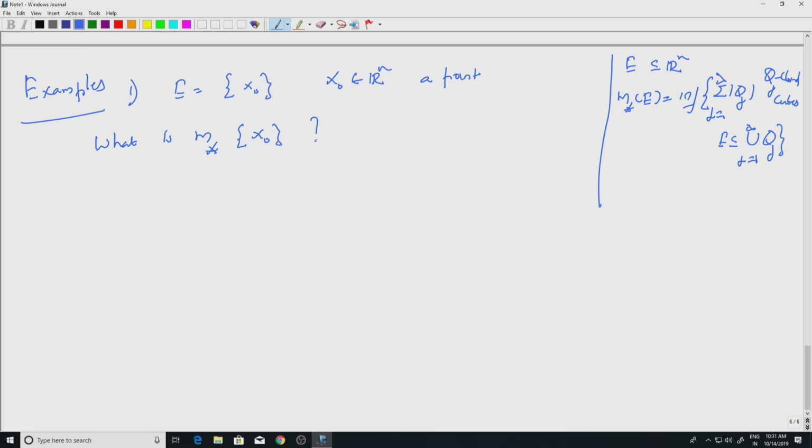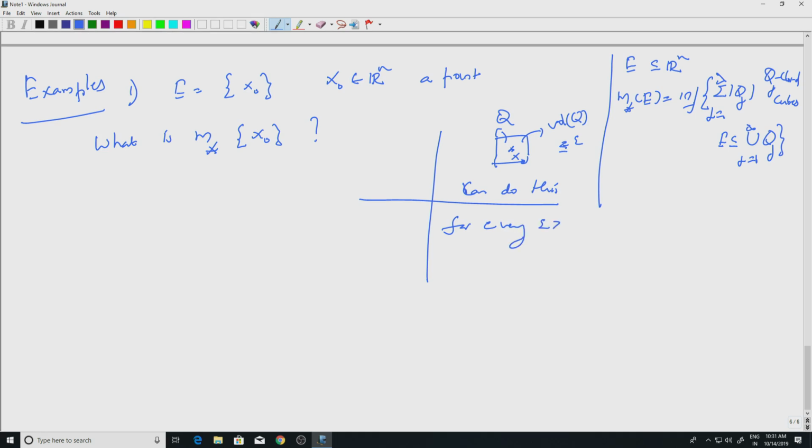Well, the point does not have any volume, so it should be 0. So, let us see why. If I take any point x naught in Rn, I can cover it with a cube of volume less than epsilon, right. Let us call this Q, where the volume of Q is less than or equal to epsilon. This I can do for every epsilon positive.